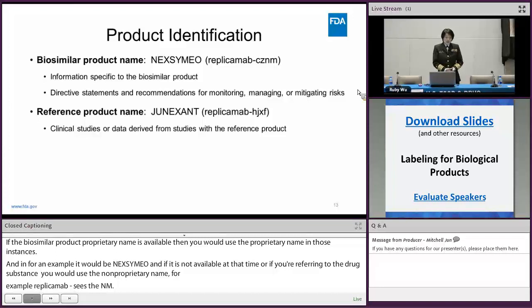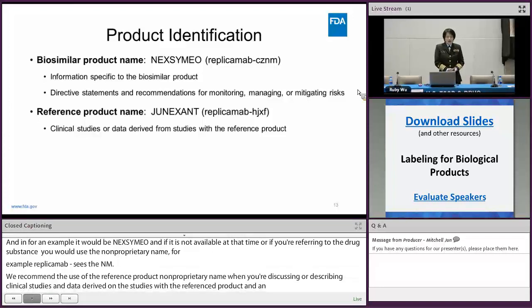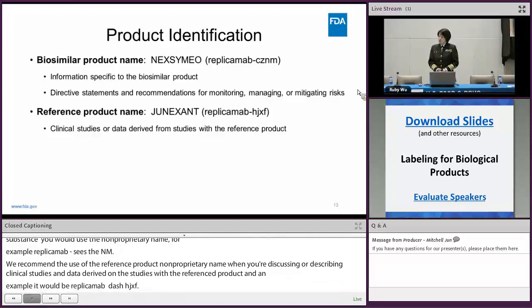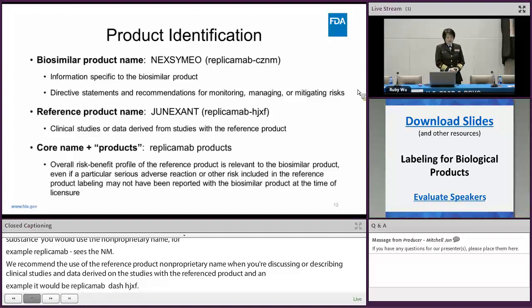In instances when you're describing a risk or adverse reaction that is applicable to both the biosimilar product as well as the reference product, we recommend the core name plus products approach. And we recommend this approach even if that particular risk has not been reported for the biosimilar product at the time of licensure. And using the fictitious core name, it would be replicamab products.